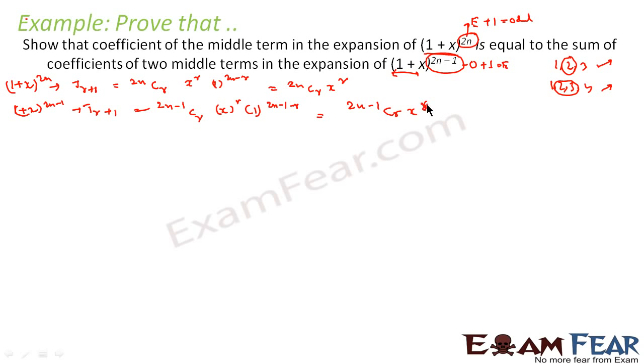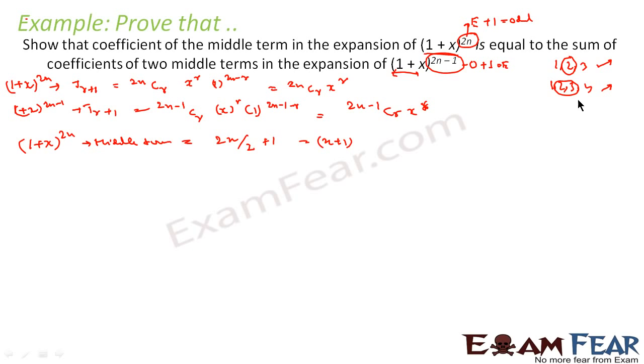Now what we have to prove is about the coefficient of the middle term. First let's find the middle term of the first expansion. Since the total number of terms is odd and the power is even, that is 2n, for the first expansion (1 plus x) to the power 2n the middle term will be 2n divided by 2 plus 1, so that becomes n plus 1.